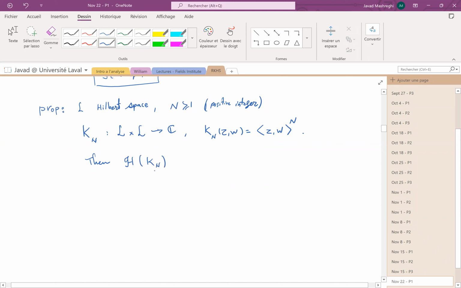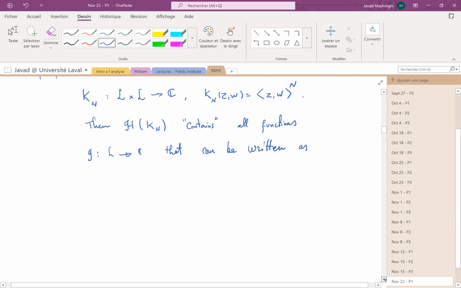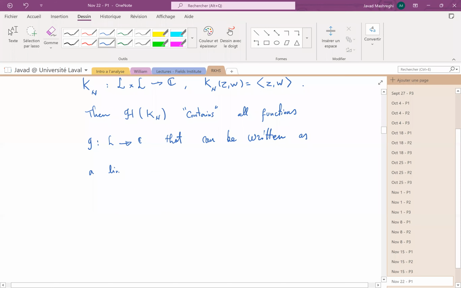the RKHS created by this K_n contains, that's the purpose of this proposition, all functions G from L to C that can be written as a linear combination of products of n functionals.